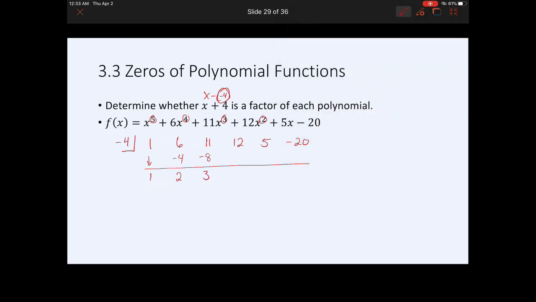And so again, we'll do our synthetic division. So bring the 1 down. 1 times negative 4 is negative 4. 6 minus 4 is 2. 2 times negative 4 is negative 8. 11 minus 8 is going to be 3, not 2. I was looking at the one beside it there.